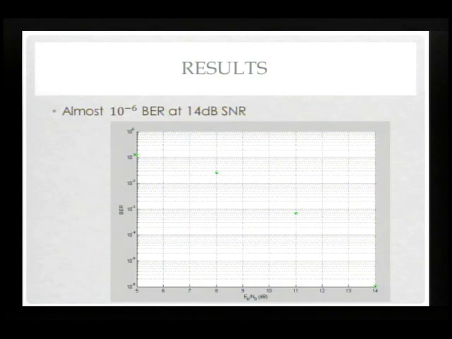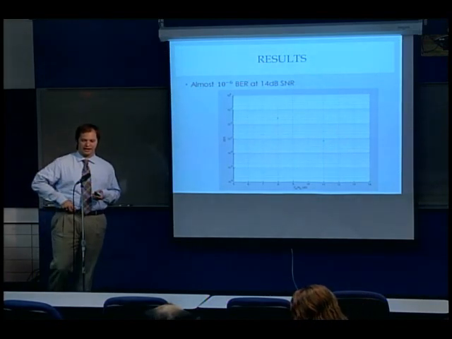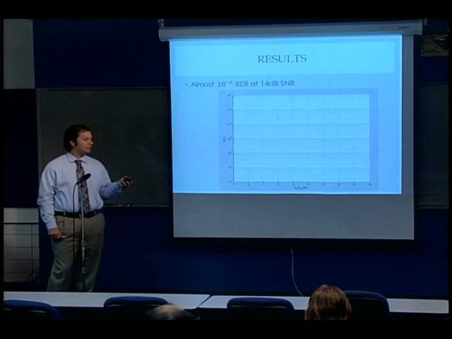Our final implementation is going to have the Viterbi algorithm, which will have a lot stronger results. Here we don't get under 10 to the negative 5th bit error rate until 12, 13, 14 dB. At 14 dB, we have almost 10 to the negative 6. We would like better results, and that's what our further work is going to hopefully produce.